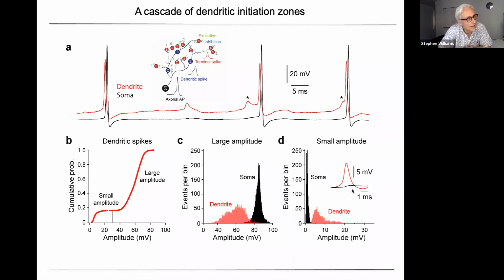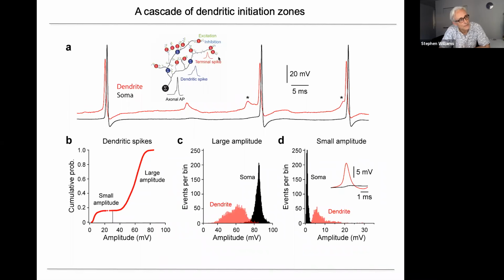So we wondered perhaps whether the computation in this neuron was quite interesting in that perhaps these small amplitude dendritic spikes represent spikes generated in small terminal dendrites of on-DS cells. And once evoked, they can propagate or spread out and evoke a dendritic spike in the main parent dendrite.